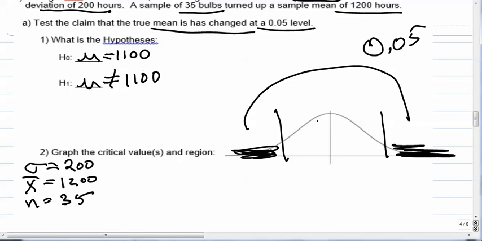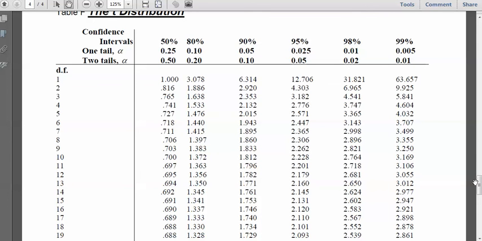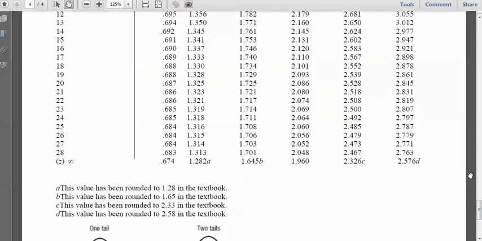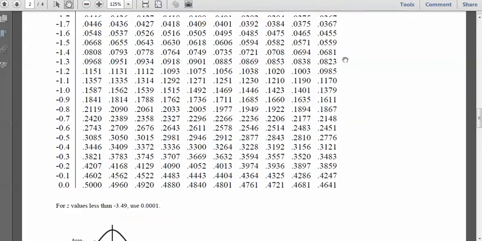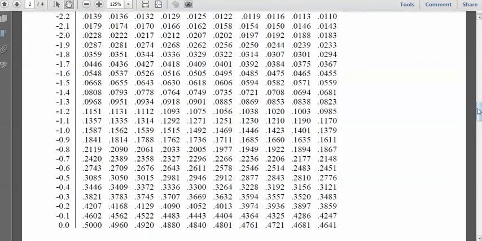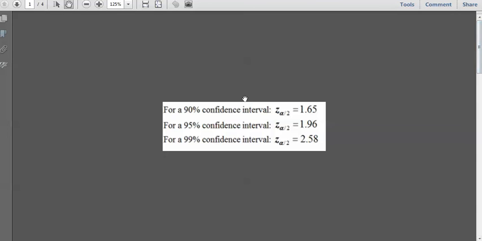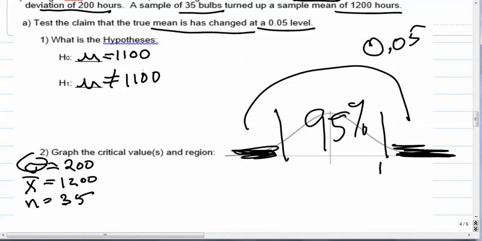So that tells us there's 95% in the middle. Since we know the population standard deviation, we can really just work with our z-scores and the confidence interval z-values. There it is. 95% confidence interval, 1.96. That tells me this z-value is 1.96, and so this is a negative 1.96.